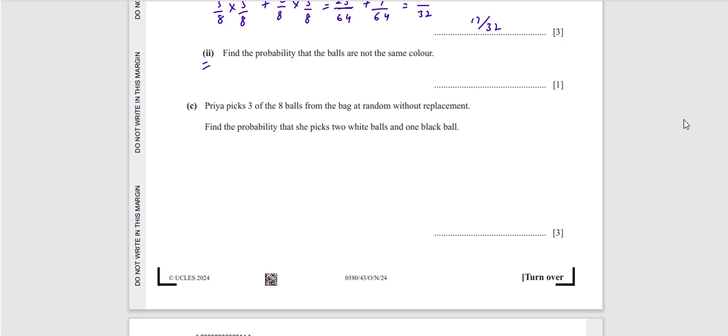Part 2. Find the probability that the ball are not the same color. So we are find the probability that are not in same color. The required formula is 1 minus probability of the same color.